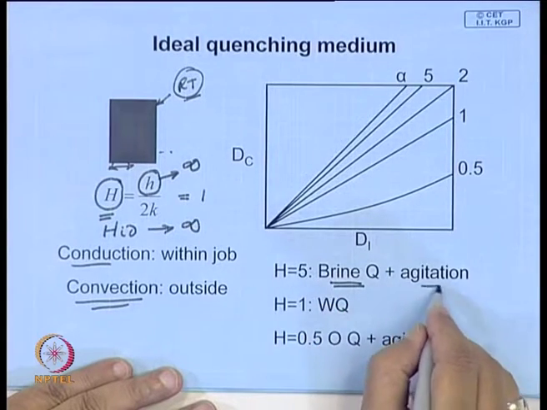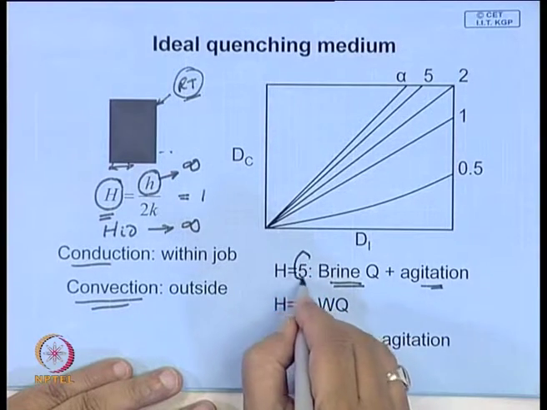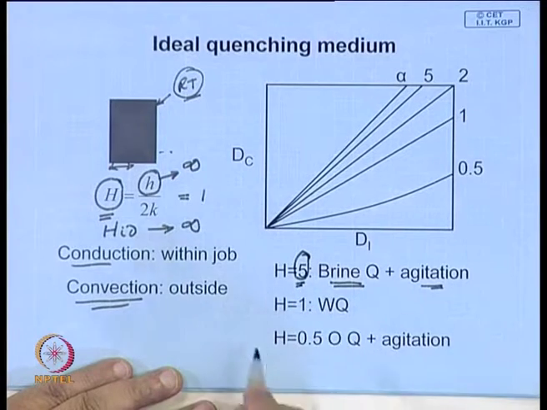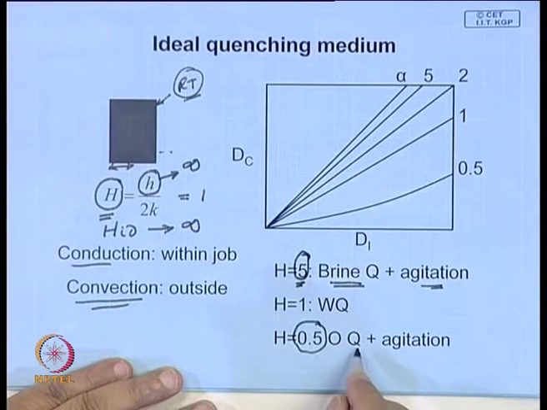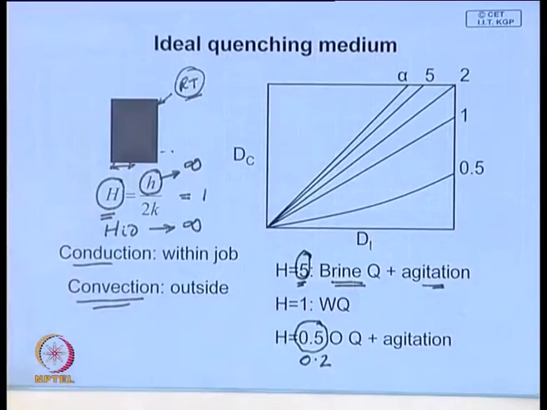So, brine quench with agitation has a quenching severity of 5, whereas oil quench without agitation will be much less severe, maybe 0.2. So, this is how it is possible to define. Grossman introduced the concept of quenching severity, but there are lots of later developments. If we have time, we will look at that a little later.